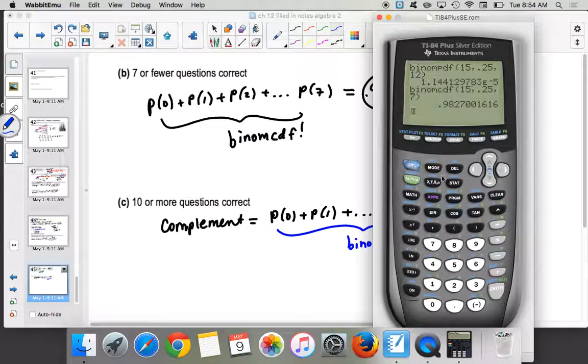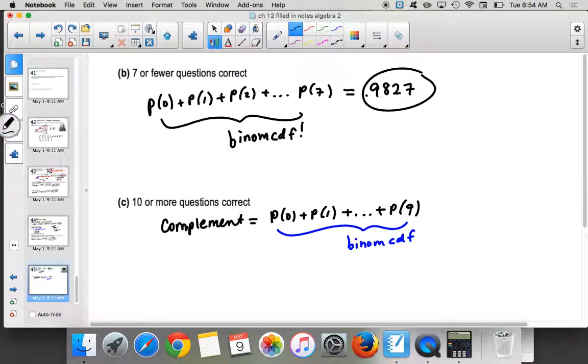So we're going to do Binomial Cdf, and we have our 15, 0.25 still, and we want to go up to 9. So 0.999205051. And we do 1 minus that answer. So we get 7.949 times 10 to the negative 4th. And that's our answer.